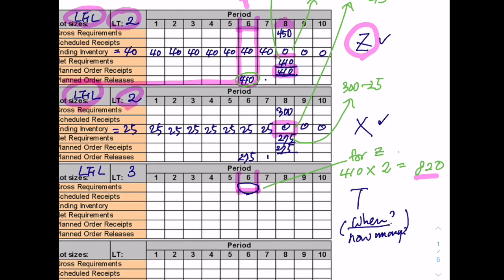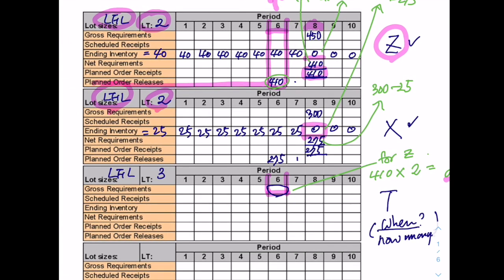Not only we are using T to make Z, we are using T to make X as well, right? So therefore, if you look at X, when do you need it? Based on the same reasoning, although you are going to receive 275 of X, when you will start to make it is week 6.